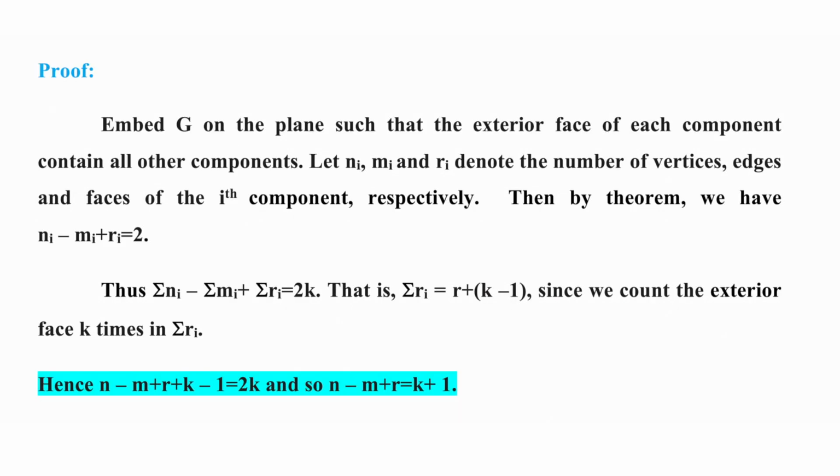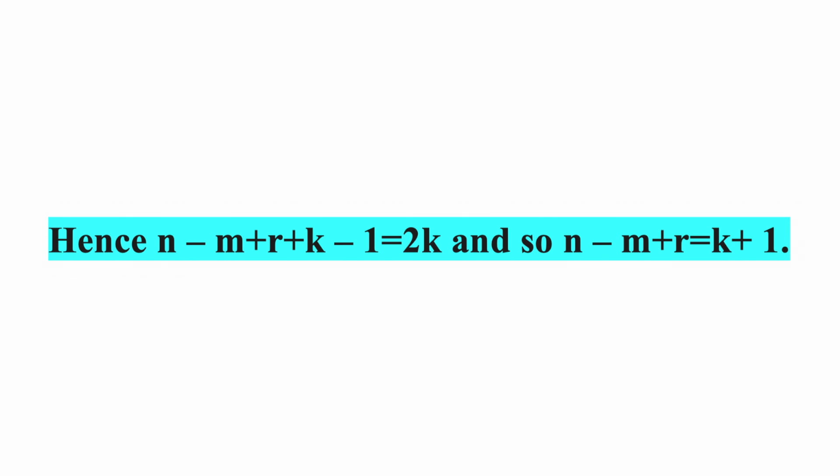Hence, summation of ni minus summation of mi plus summation of ri is equal to 2k. That is, sigma ri is equal to r plus k minus 1, since we count the exterior face k times in sigma ri. Hence, n minus m plus r plus k minus 1 is equal to 2k, and so n minus m plus r is equal to k plus 1.